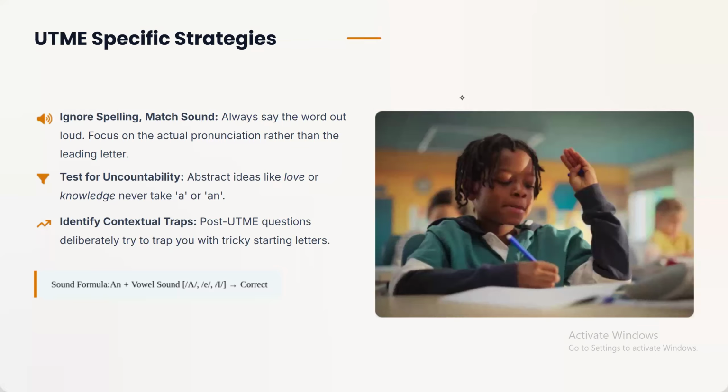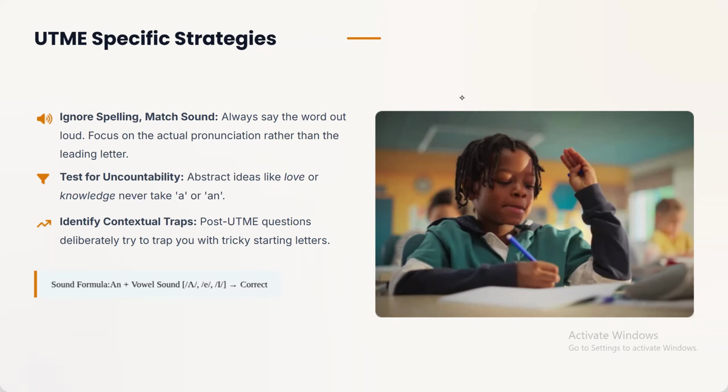When they sound like vowels and they are countable, you use an. When they sound like consonants, you use a. So always pay attention to the sound, not spelling. I think that will save you a lot.